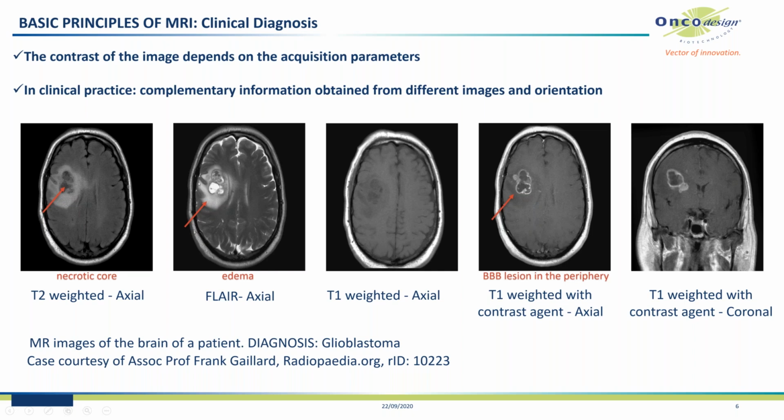The second image will show the edema surrounding the necrotic part, and the T1 weighted image done after contrast agent injection will show the lesion of the blood-brain barrier in the periphery of the necrotic area. With all this information, it could be concluded that this patient had a glioblastoma.